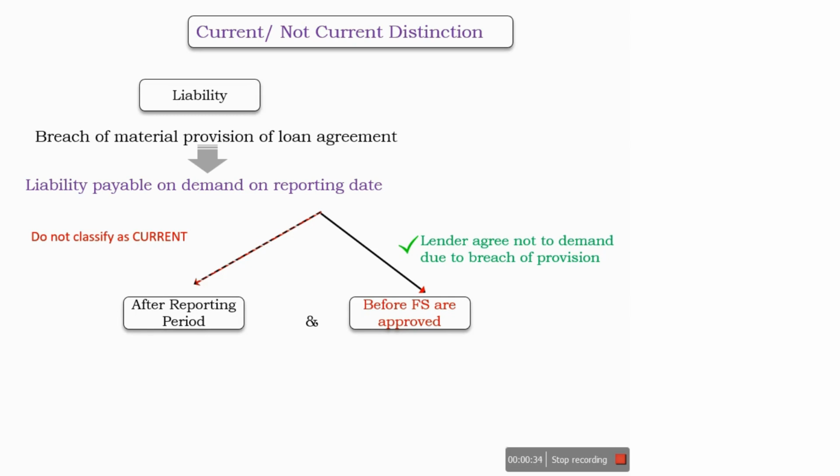So if the lender has agreed after the reporting date and before the financial statements are approved not to demand because of the breach, we are not supposed to classify the liability as current.